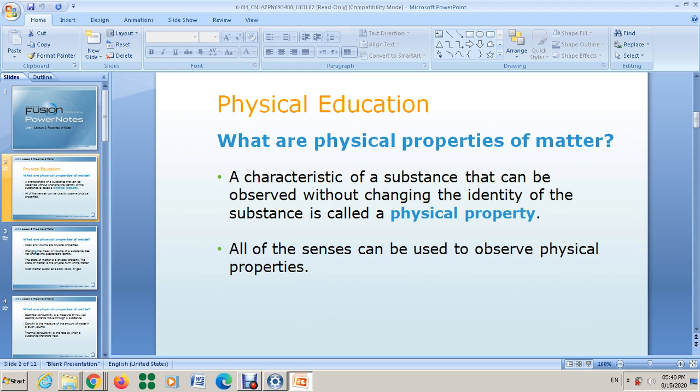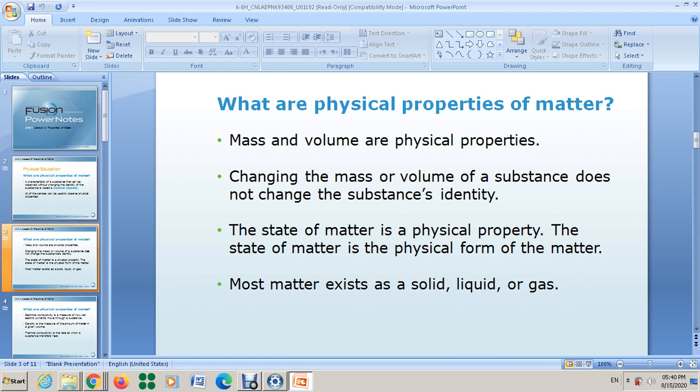So, all of your senses can be used to detect physical properties. If you touch it, if you see it, if you smell it, okay? So color, shape, size, and texture are a few of the physical properties you can encounter. All the senses can be used to observe physical properties.